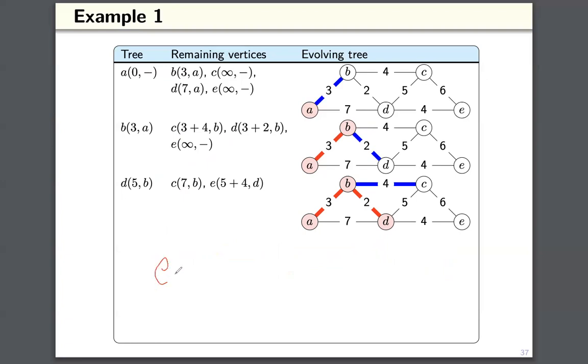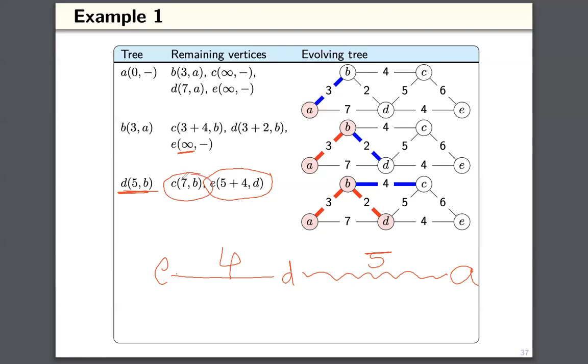Similarly, E to D is 4, and D to A was 5. So 4 plus 5 is less than infinity, so update. We should always compare, and update only if it is lesser. For C, we got 10 comma D, but this was not smaller than 7, hence we neglected it.